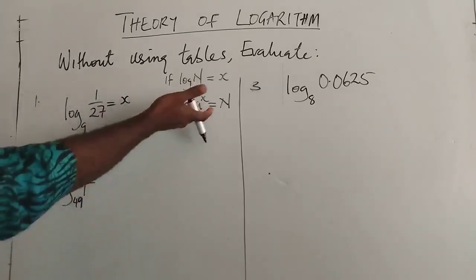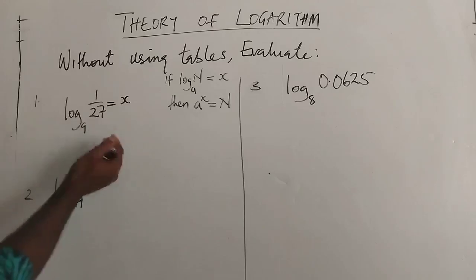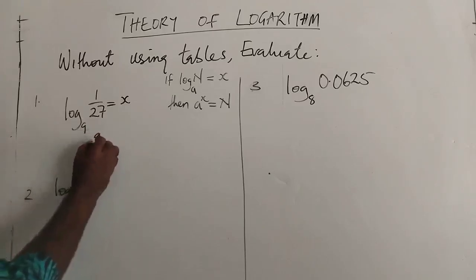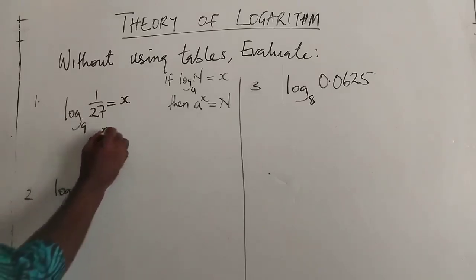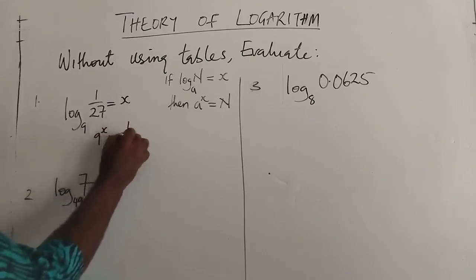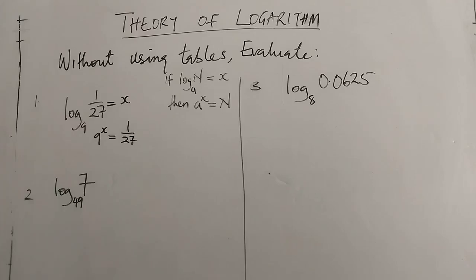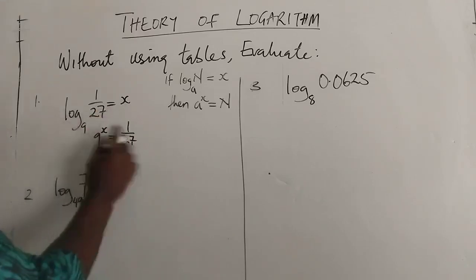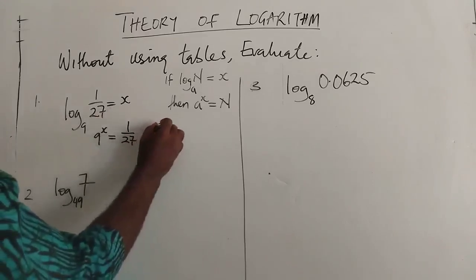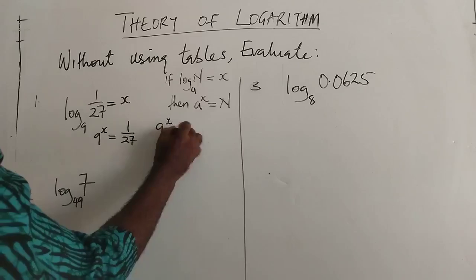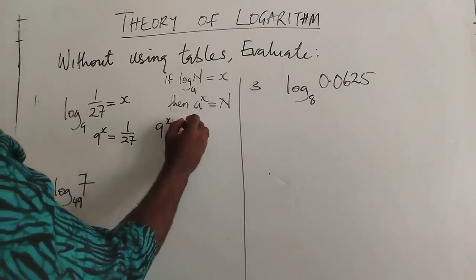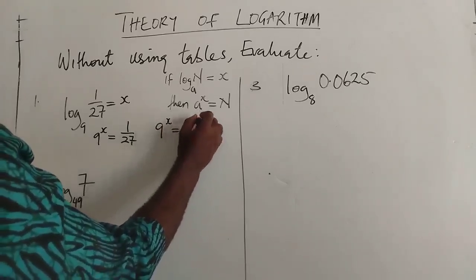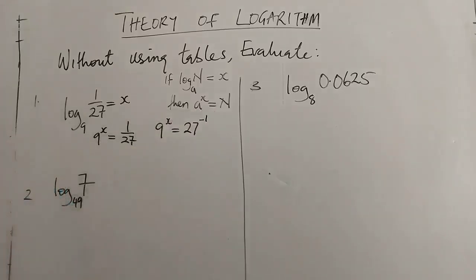Now, borrowing a leaf from the theory, we will now say 9 raised to power x will give us 1 over 27. We can rewrite this as 9 raised to power x equals to 27 raised to power minus 1.